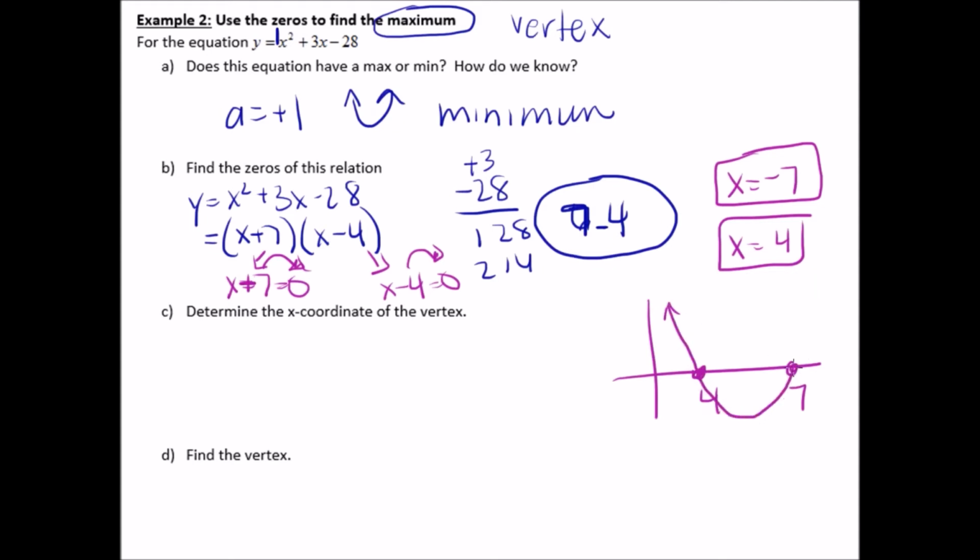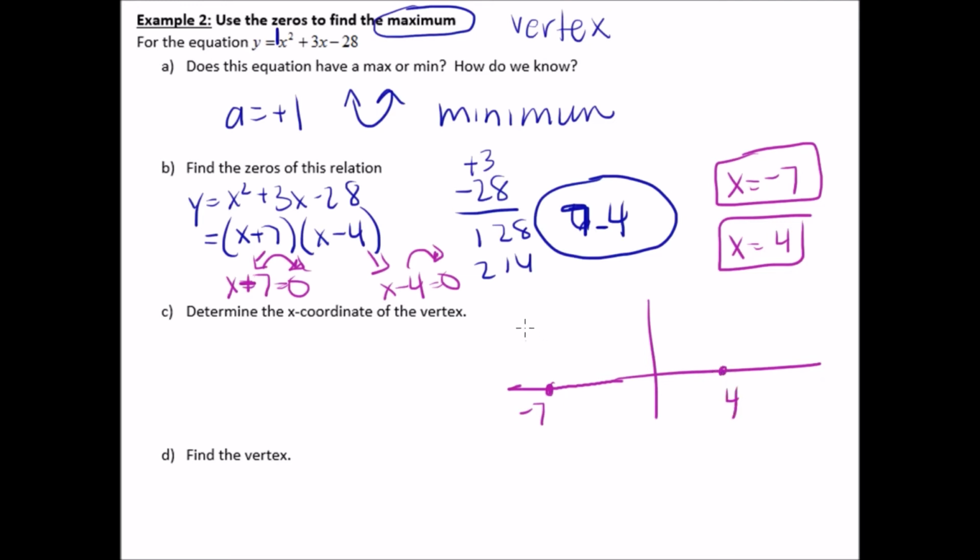Let's do that one more time. Okay, so we need the equation of axis, which is just going to be the average between... one second. This is negative 7. Sorry about that. We wrote it correctly as the negative 7, but then I drew it incorrectly.